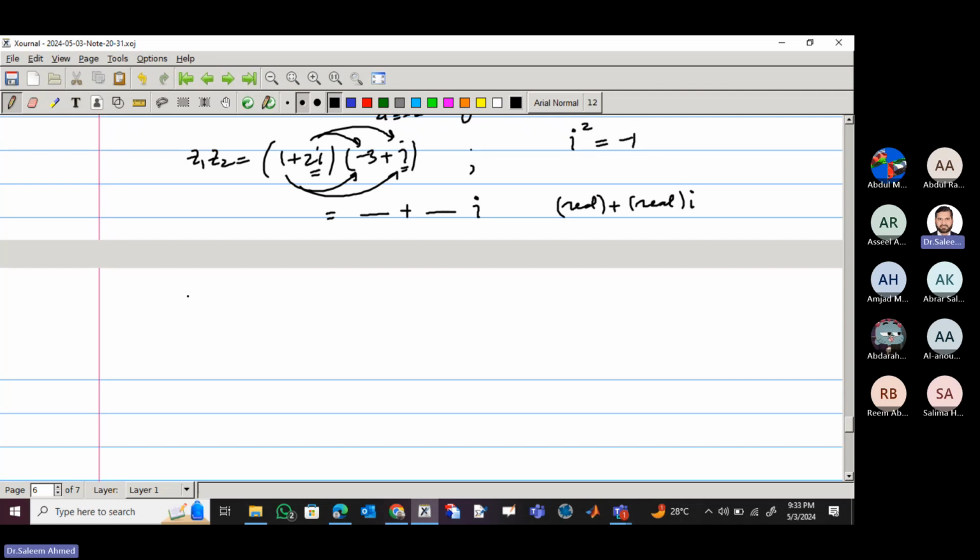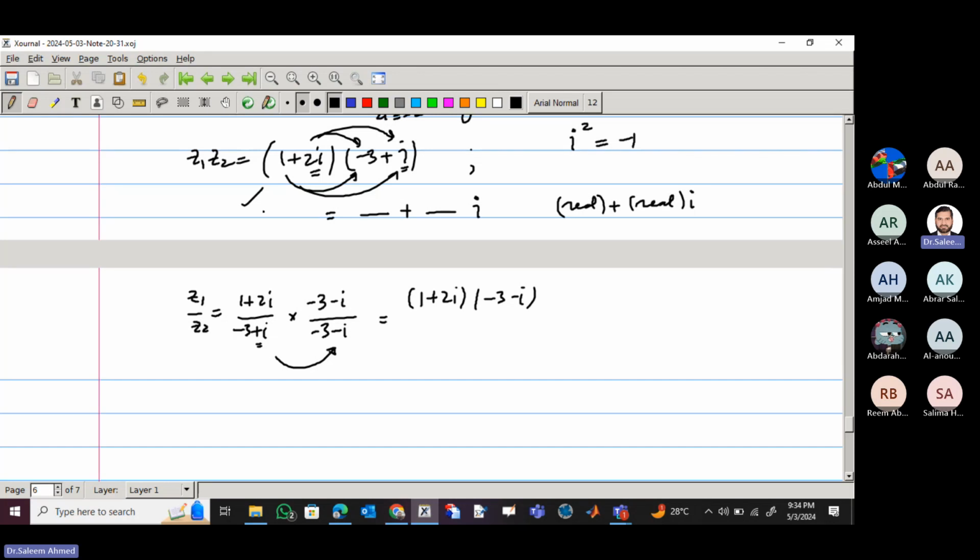If you are dividing two complex numbers, Z1 divided by Z2, let's say Z1 is 1 plus 2 iota and Z2 is minus 3 plus iota, you cannot leave it like that. What you do is multiply and divide by the conjugate of the denominator. The conjugate of the denominator is minus 3 minus iota, right? Plus iota becomes minus iota. Multiply and divide by the conjugate. Now at the top, you have just the multiplication that we did earlier.